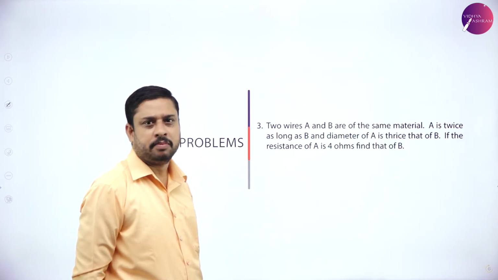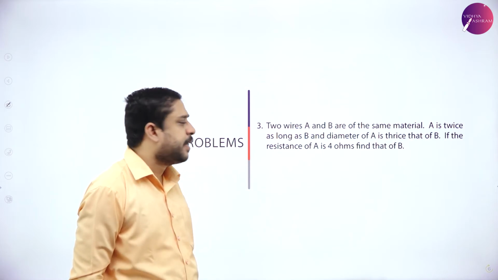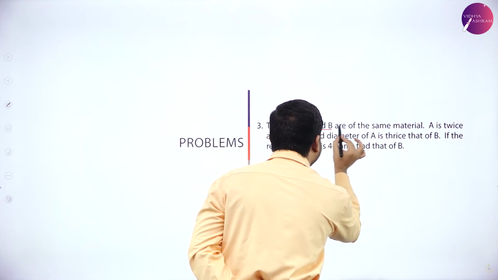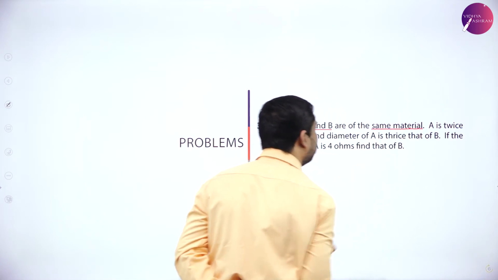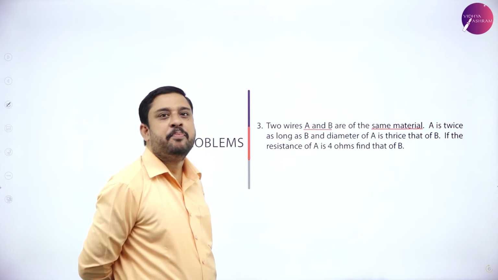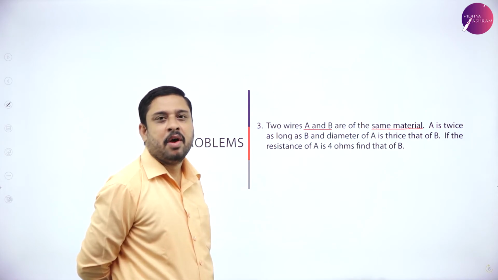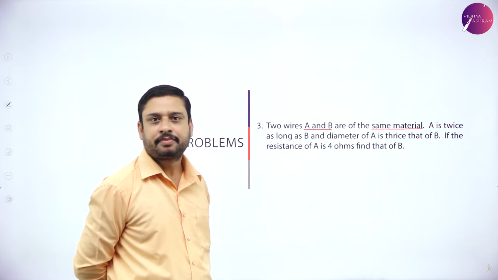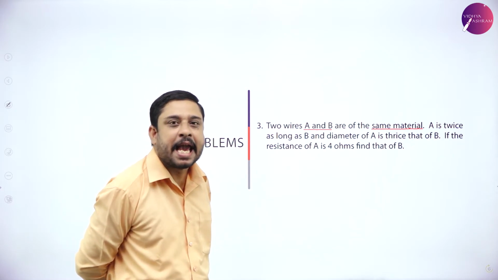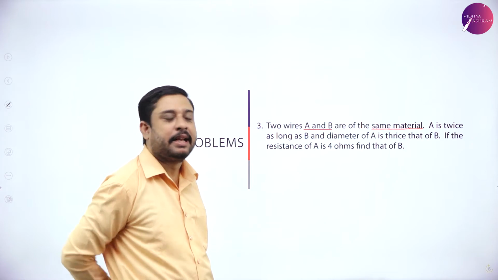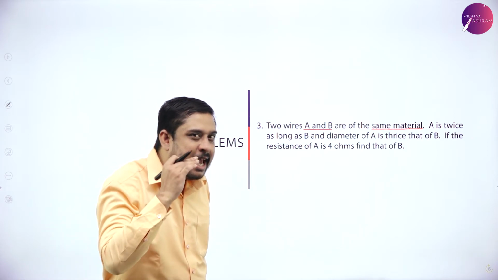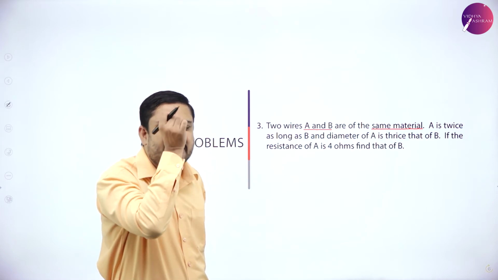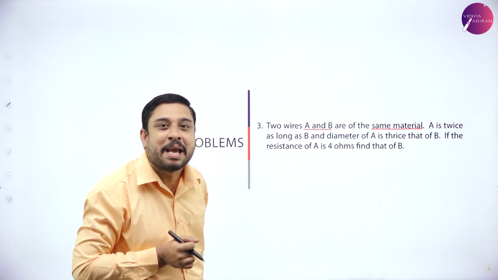The third problem, quite interesting. Two wires A and B are made of the same material. When we say they are made of the same material, which quantity remains the same?